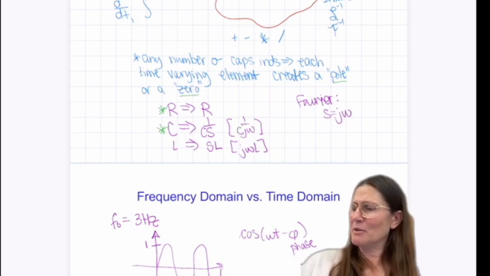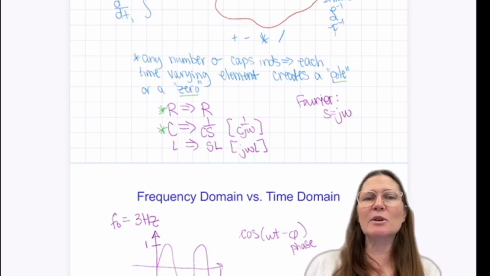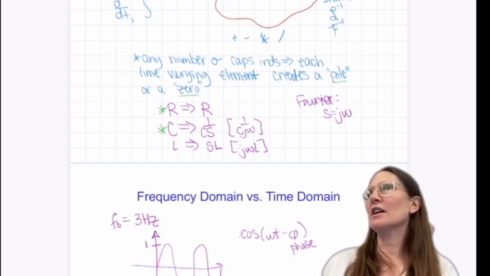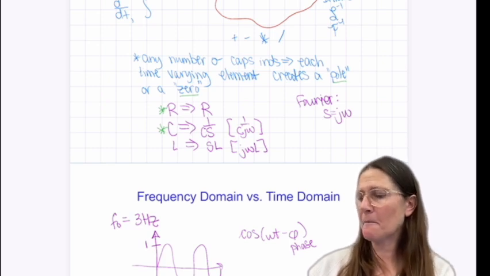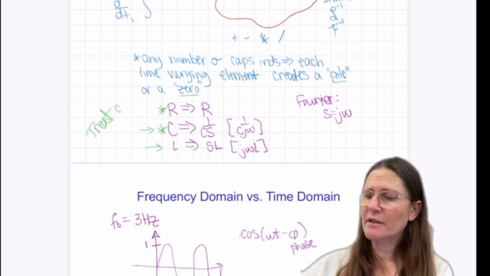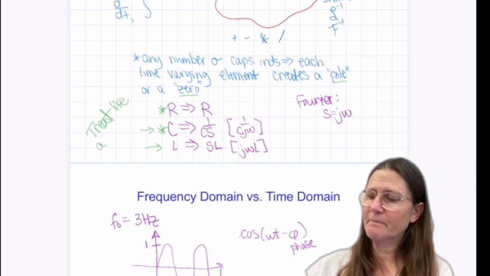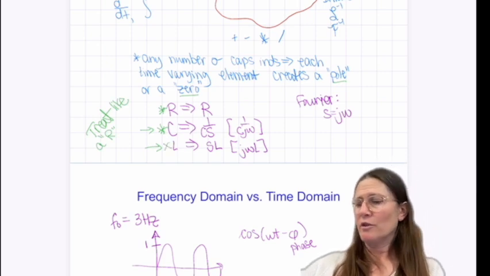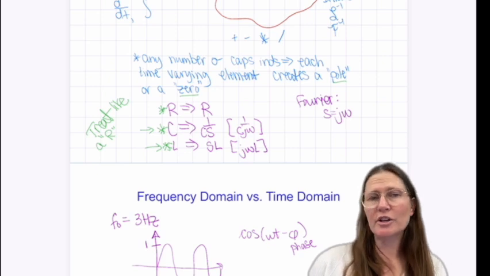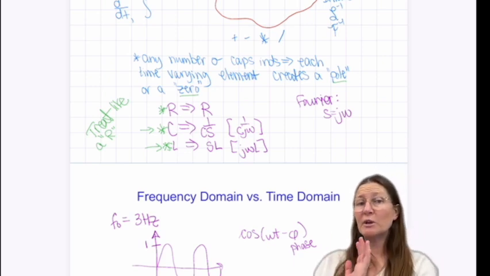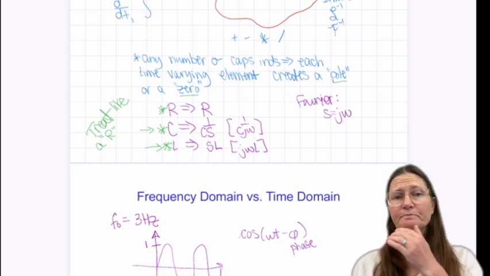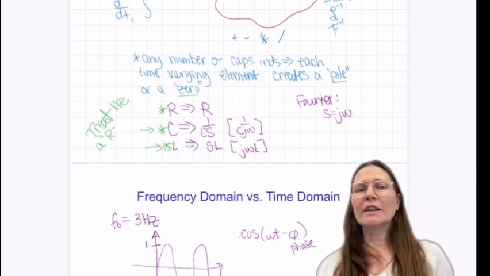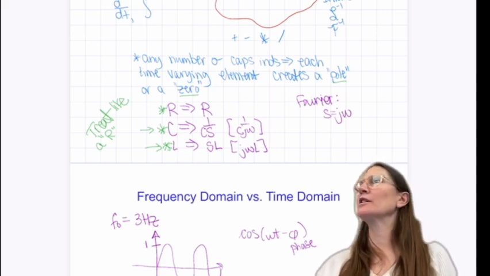It's going to be 1 over CS, and both of these you're going to treat like a resistor. For the inductor, it transforms as SL. Then we use that value and solve the circuit.